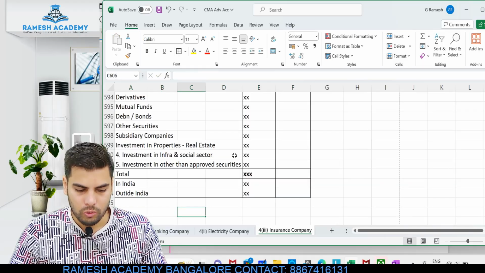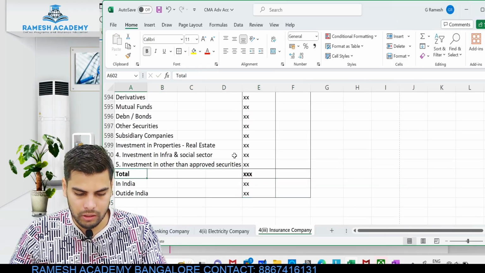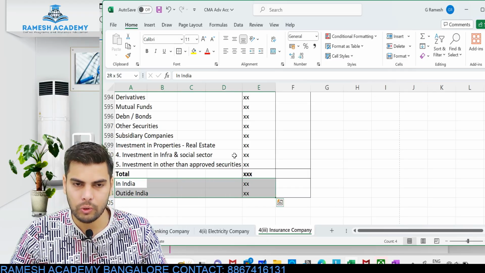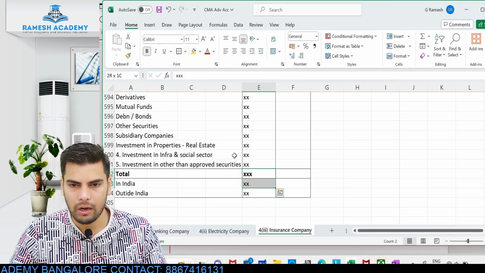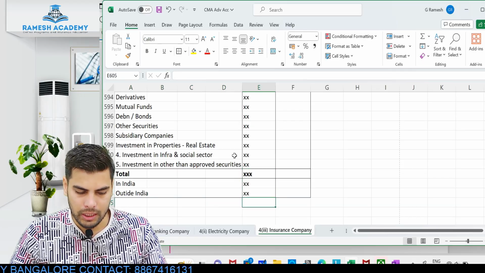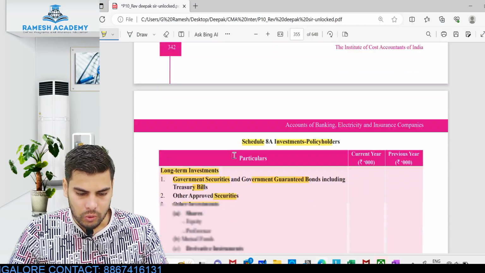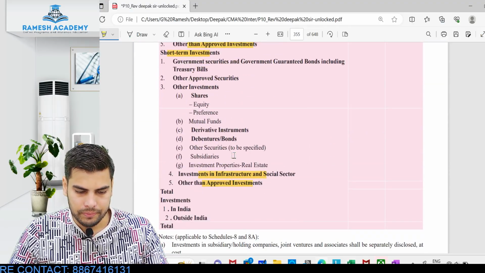Simple, right? So the total, whatever you get over here, you just need to show the breakup of this particular total. Out of this total, how much is the investment portion which is made in India and how much is the investment which is made outside India. All right. So let's move on to the next schedule.